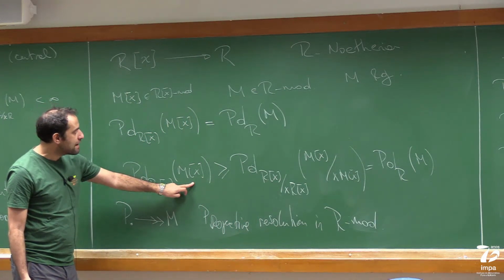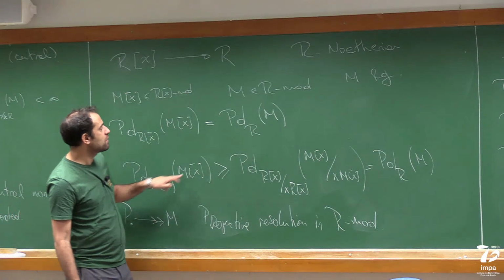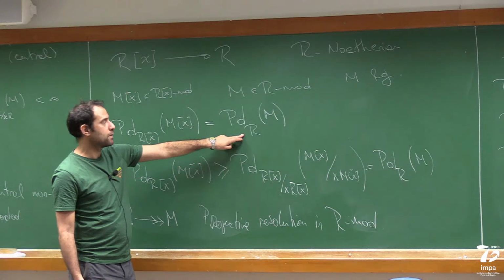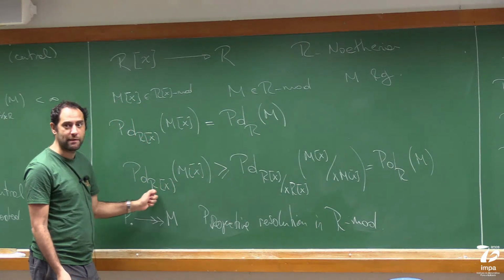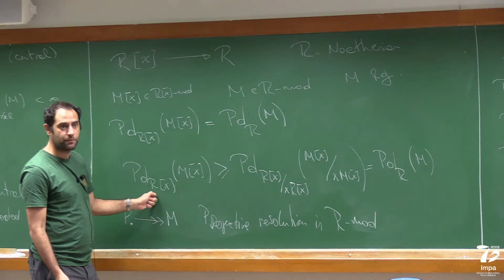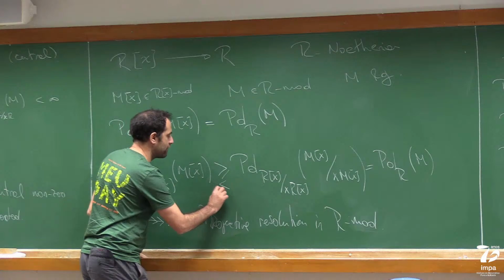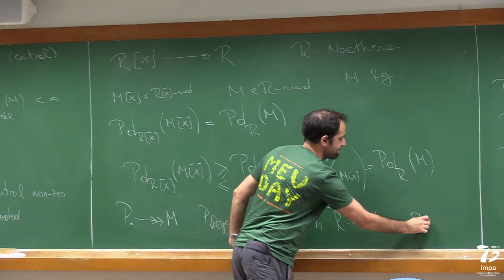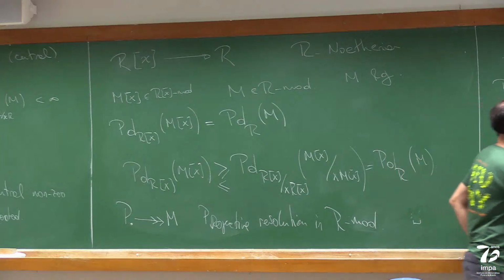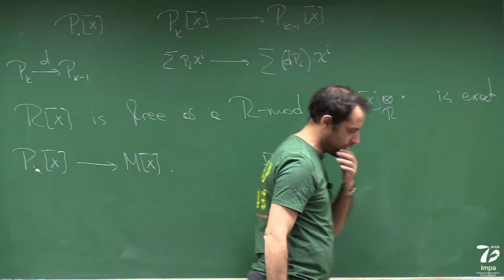So the projective dimension of this guy has to be less or equal than the projective dimension of this guy. Because for each projective resolution as R modules, I constructed one of the same length as R[x] modules. So that means that we have also this inequality. And therefore, these two are equal.